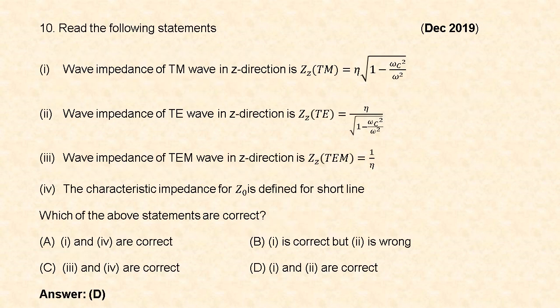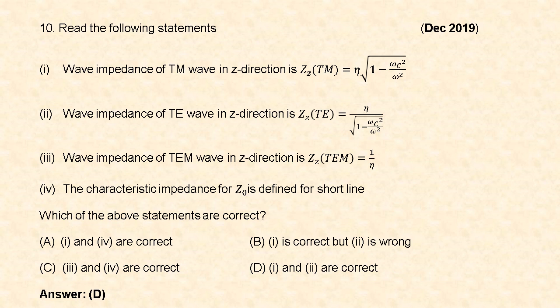Next question. This question was asked in December 2019. Read the following statements. First statement: wave impedance of TM wave in Z direction is Z_TM equal to eta into square root of 1 minus omega c square by omega square. Second statement: wave impedance for transverse electric wave, TE wave, in Z direction is Z_TE equal to eta by square root of 1 minus omega c by omega the whole square.